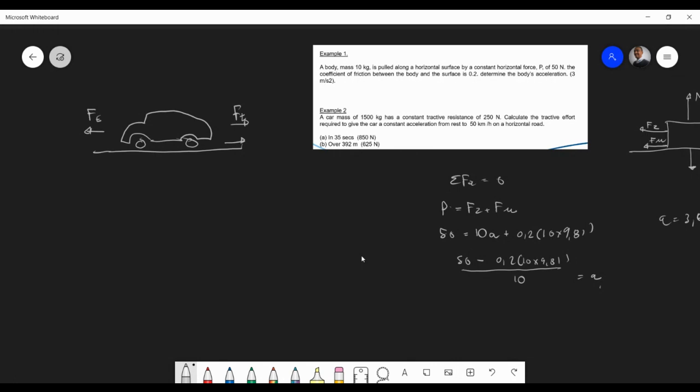This is now friction within the bearings, the road, static and kinetic friction and all of that. And then, of course, we have our new Fe, right? So what they want is the effort. So the tractive effort is this guy. The effort to move this car, given that the car has a constant acceleration, very important, from rest to 50 kilometers per hour.